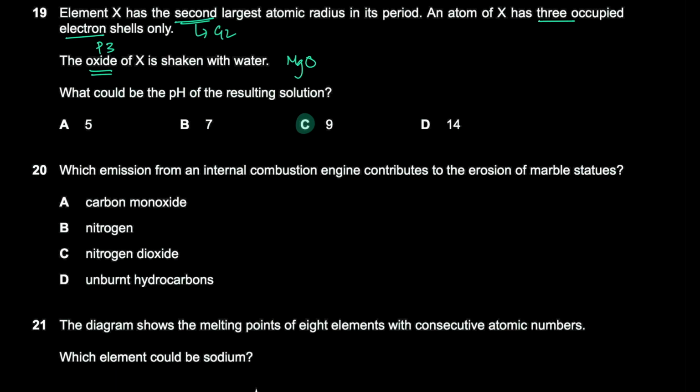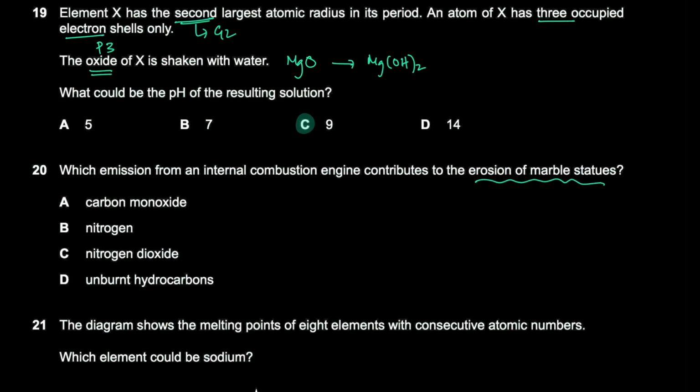The concentration of hydroxide ions in solution is relatively low. So again, magnesium oxide dissolves very slightly in water to form magnesium hydroxide, which gives us a slightly alkaline solution.